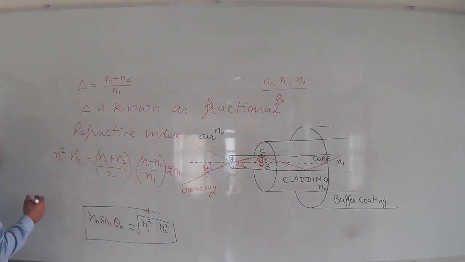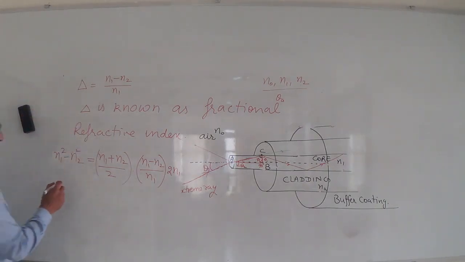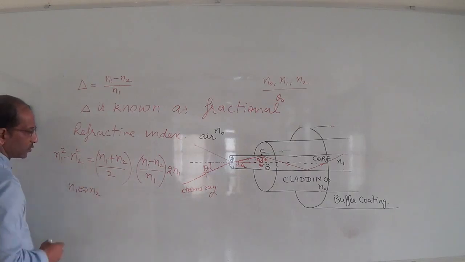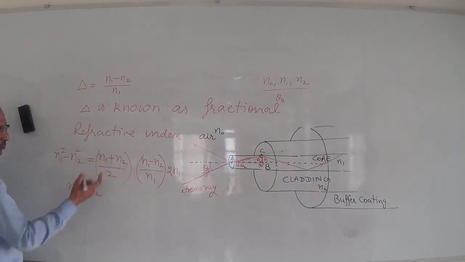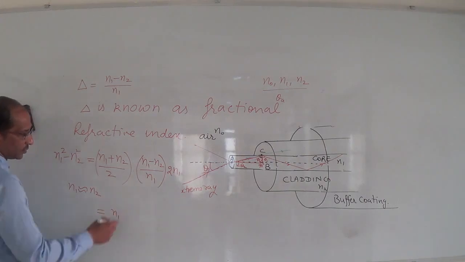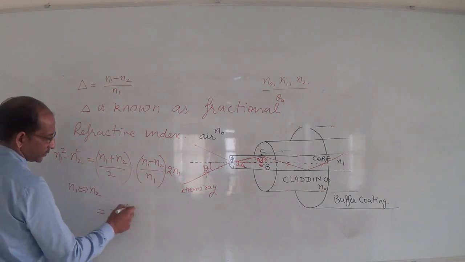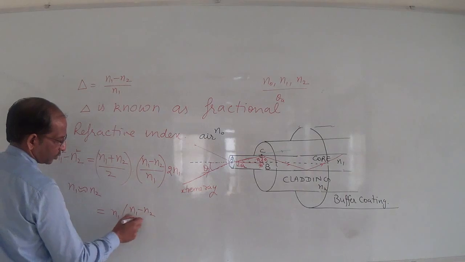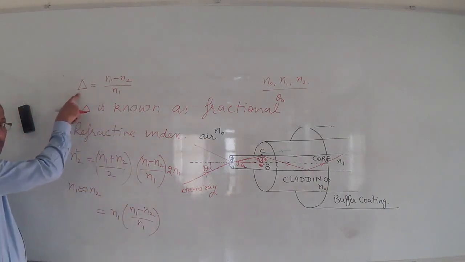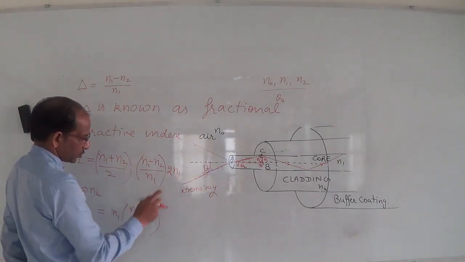Now further we know that n1 is almost equal to n2, so the average of this term one can write as n1, and this is n1 minus n2 upon n1, which represents the fractional refractive index, and this is 2n1.